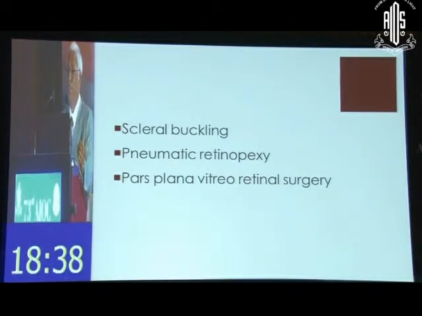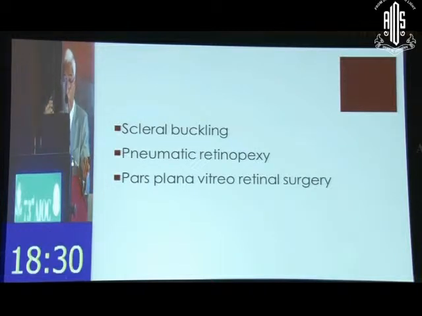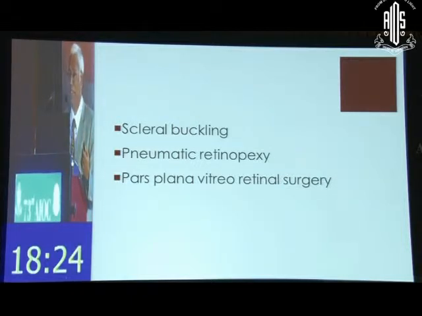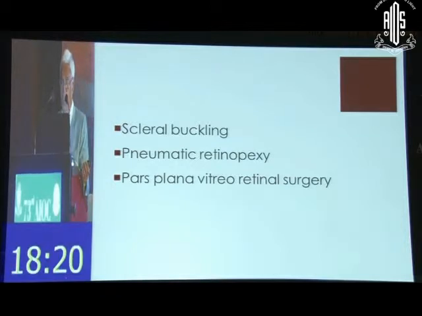The problem with saying what should be done and what should not be done is that it depends upon your own choice. There are situations where you may do scleral buckling, I may do pars plana vitrectomy, a third person may do pneumatic retinopexy, depending upon your own experience, your own training, as well as your own school of thought. There are other reasons why you may switch from one to another depending upon the individual patient's scenario.